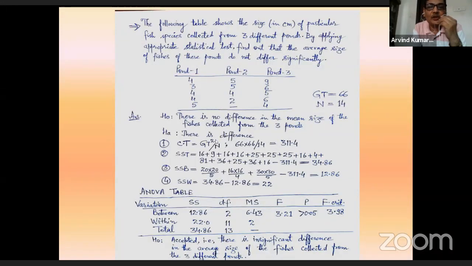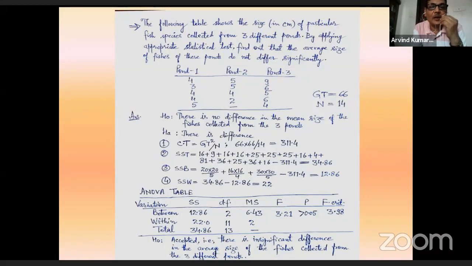And when all these values are squared, and then minus the correction term, 311.4, the SST value comes to 34.86. So 34.86 is the SST value, that is, the sum of squares of the total.